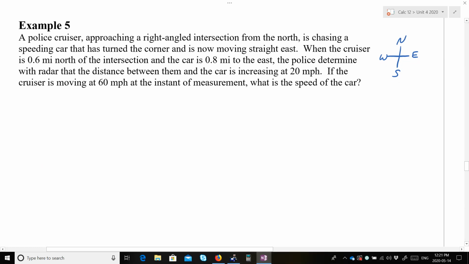Okay, so we could kind of get fancy about doing a diagram too, right? And show this is the road situation. Okay, so a police cruiser approaching a right-angled intersection from the north is chasing a speeding car. So the cruiser's coming down like this.